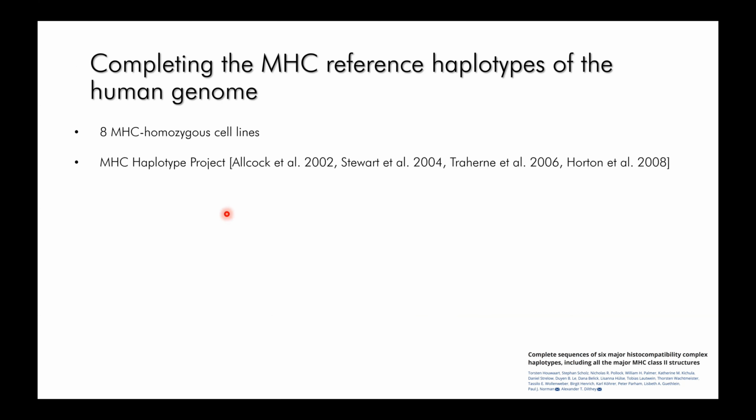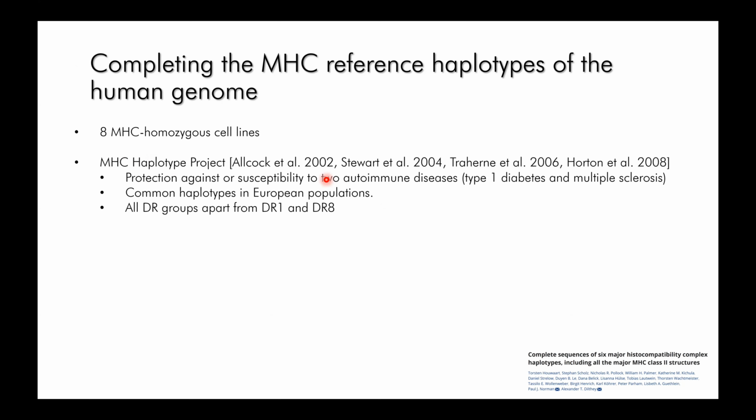A little bit of background on these alternative haplotypes. They come from 8 MHC homozygous cell lines that have already been characterized as part of the MHC haplotype project. The cell lines were selected because they carry haplotypes that are important in terms of autoimmune disease susceptibility, or because they have high population frequencies in European populations.